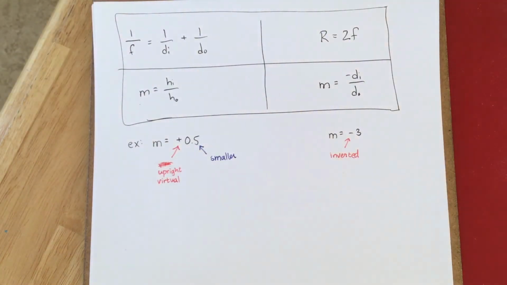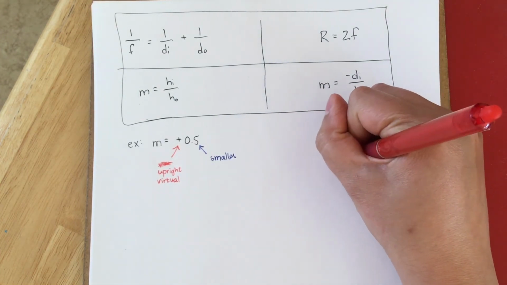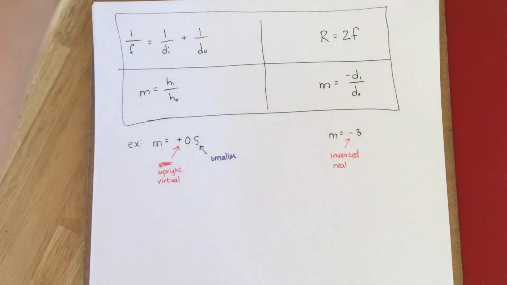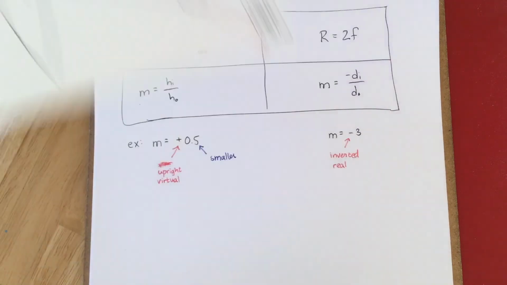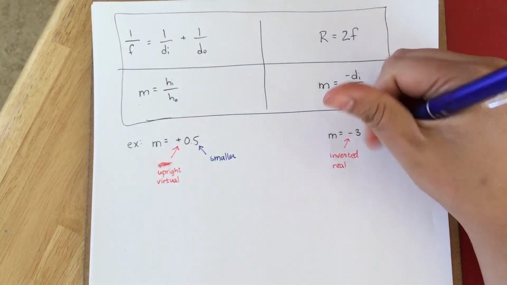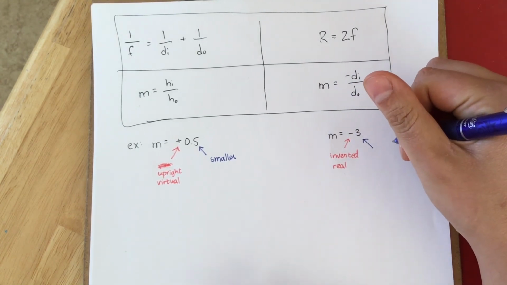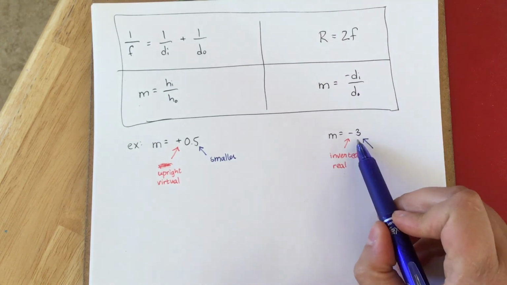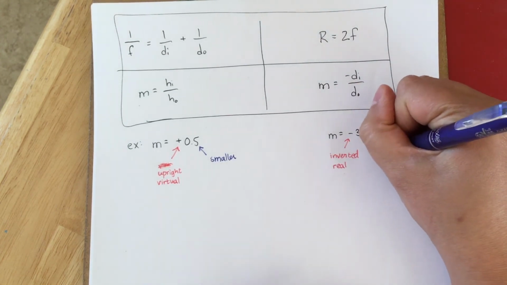Inverted is just the physicsy way of saying upside down. And hey, since all inverted images are automatically real, notice those light rays literally intersecting each other right there. Boink. Those two go together. But the 3, the magnitude of this number, is the magnification. This says my image is 3 times larger than my object.